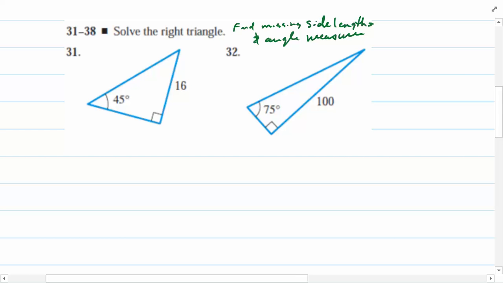For me, it's easier to find the angle measures first, since I know that all three of these angles must add up to 180, and 90 of those degrees are associated with this right angle. I know that 90 minus this number here would give me the other angle, so that one has to be 45. And in this case, we have to have an angle of 15 degrees, since 15 and 75 must add up to 90. So that takes care of our angle measures.